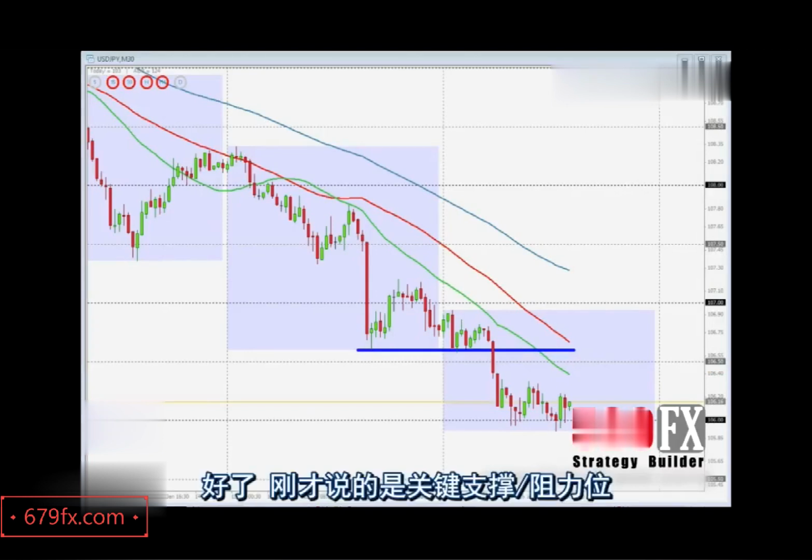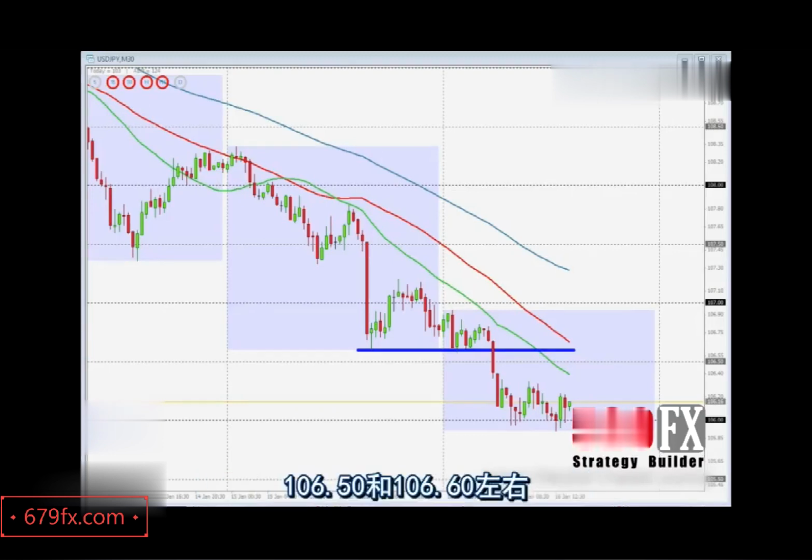Fine, now we know where the key support and resistance level for the day is, as we already mentioned, 106.50, 106.60. Moreover, what type of price action do I want to see in order to consider an entry?